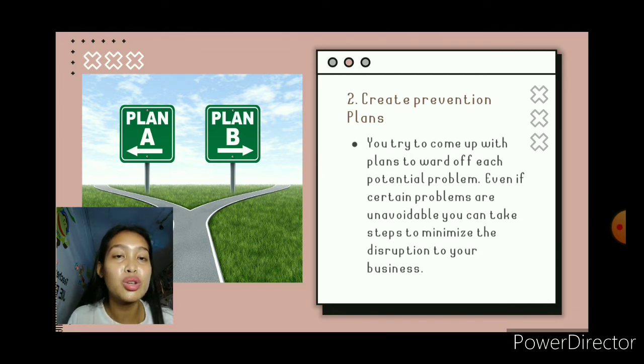So you need to have a plan B to minimize risk to your business.